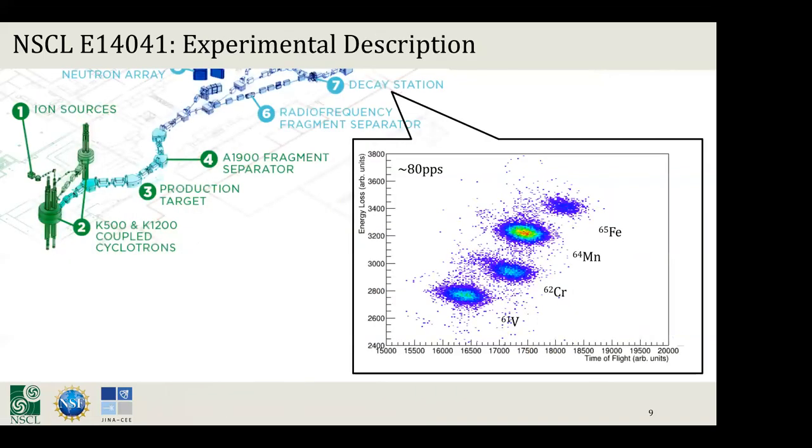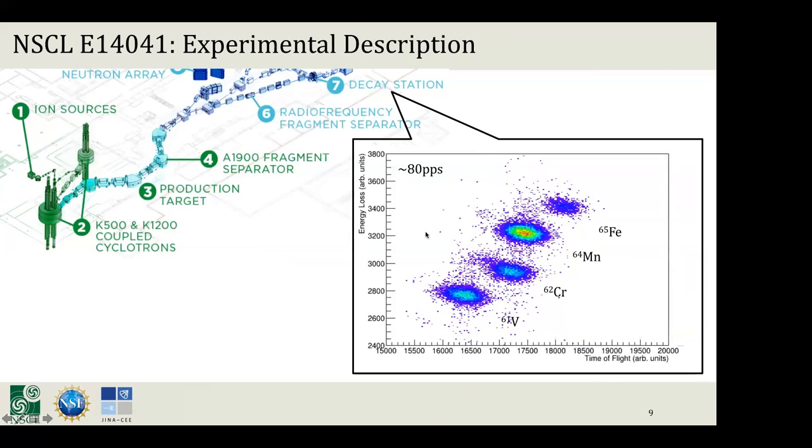So just a bit about the experiment. This was done at the NSCL. A vanadium-61 cocktail beam, so there are some other contaminants, was produced using a selenium-82 primary beam at the coupled cyclotron facility. It was impinged on a beryllium target, then purified through the A1900 fragment separator and transported down to the S2 vault, which is where a lot of decay studies are performed.